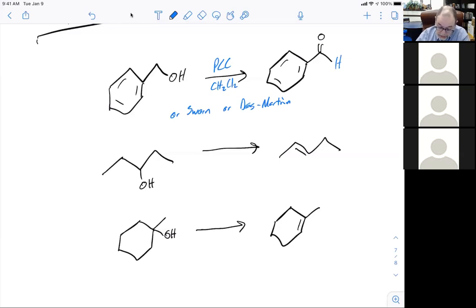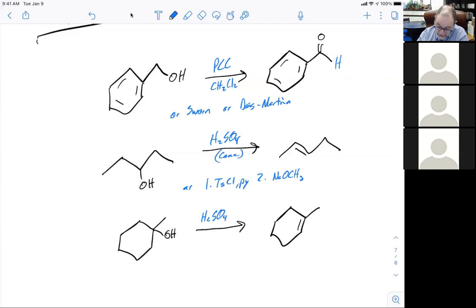If we look at the next one here, we could have used the E2 type reaction, concentrated H2SO4, or we could have done the tosyl chloride, pyridine, followed by a base, and here any decent base would work. The last one, again, we could have used the concentrated H2SO4.